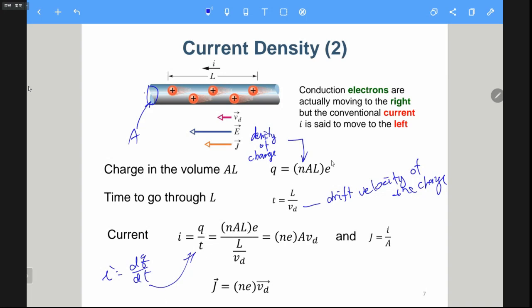Q is this one, t is this one, so we divide them and we have n e A Vd, where L and L cancel.